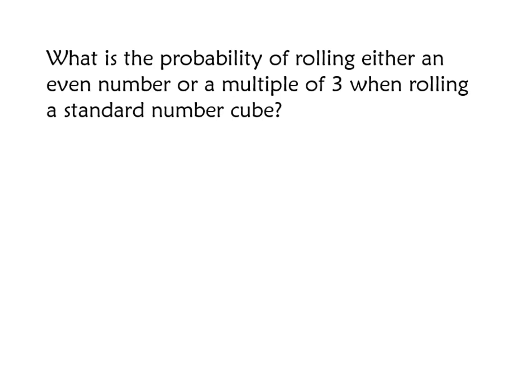An example. It says, what's the probability of rolling either an even number or a multiple of 3 when rolling a standard number cube? Okay, so probability of rolling an even, that's going to be a 2, 4, and a 6. The probability of rolling a multiple of 3, that's going to be a 3 and a 6. So probability of even is 3 out of 6 numbers are even.